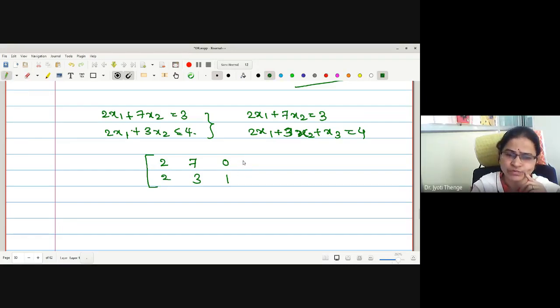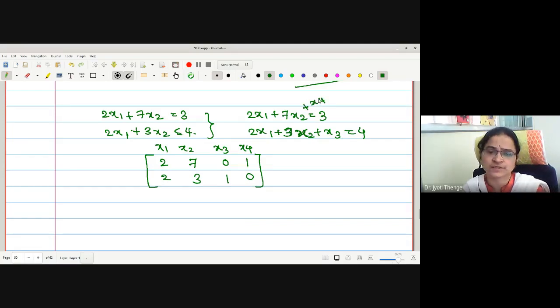If I want to introduce the first column of an identity matrix here, we have to introduce one more variable. This is x1, x2 and x3. Looking at this column, we have to introduce this x4 in which equation? The first equation. Correct? This plus x4 we have to introduce in the first.